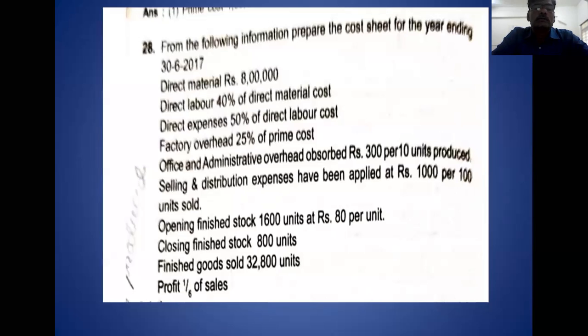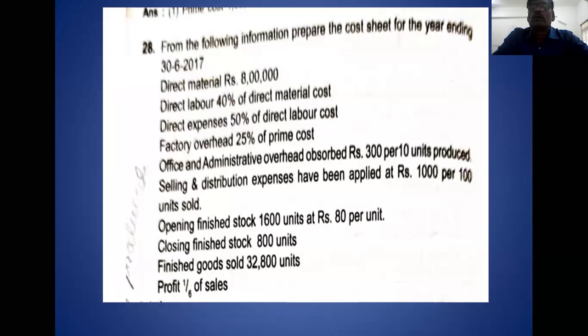You see here, opening stock units is 1,600, closing finished stock units is 800, and unit sold is 32,800. In this problem, you have to calculate unit produced. Unit produced is equal to unit sold plus closing stock unit minus opening stock unit.